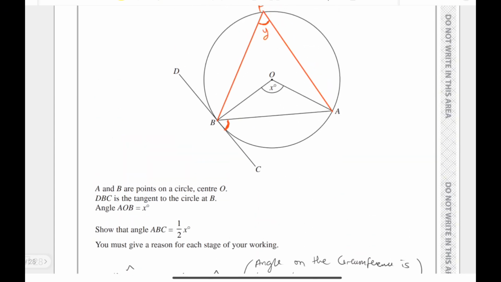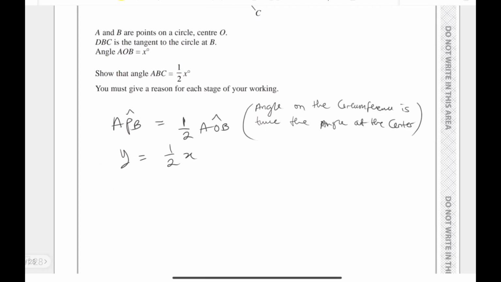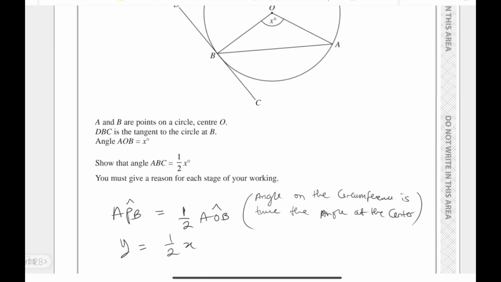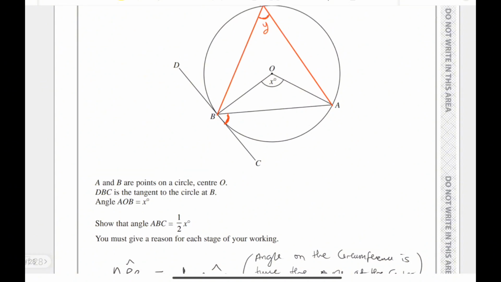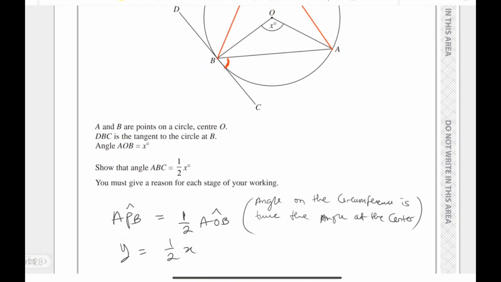Now, there is also another rule that says that APB is equal to ABC. That means this is also y.